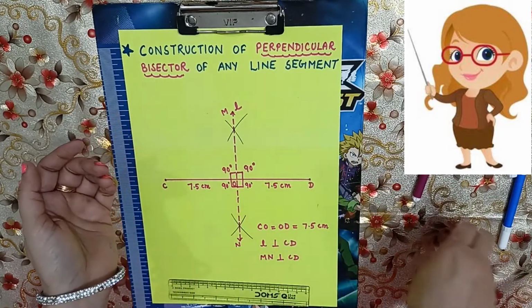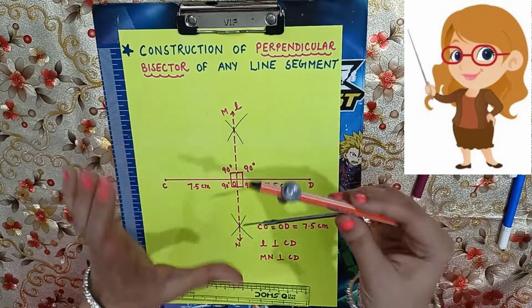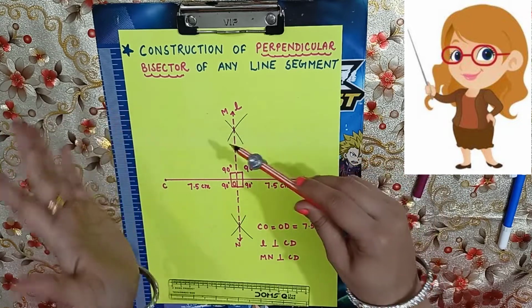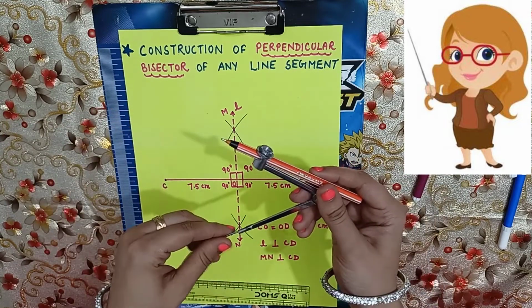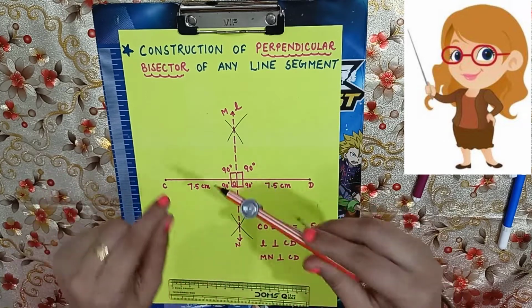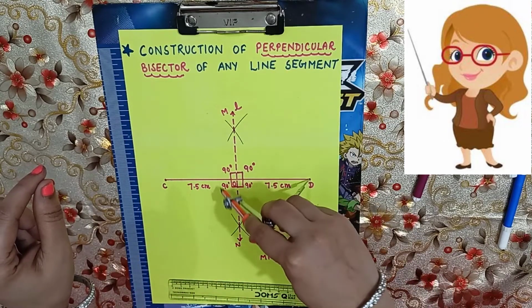Okay, so what was the procedure? It's very easy. Just draw the line segment, whatever is given, that length. After that, just take the length on your compass which is more than half of the given line segment.